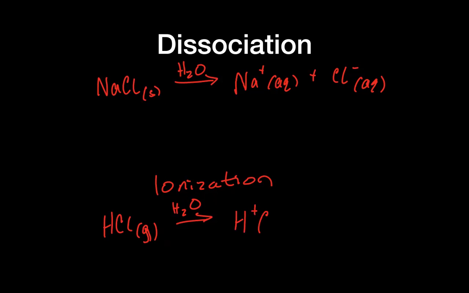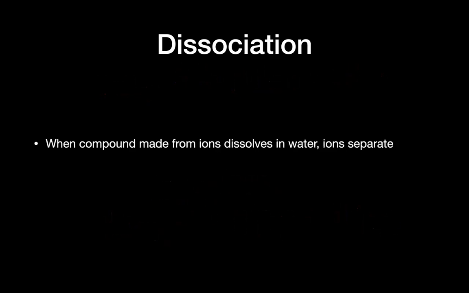So you end up with a hydrogen ion, which of course will become hydronium, and chloride. So ionization is the process of actually creating ions from something where ions didn't exist before, but dissociation is just taking ions and separating them. I just want to make sure that we understand the distinction between those two.